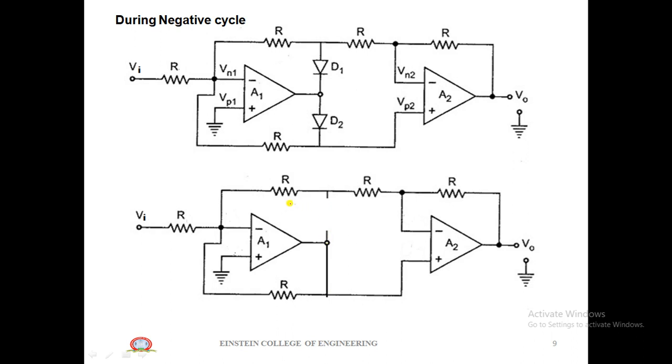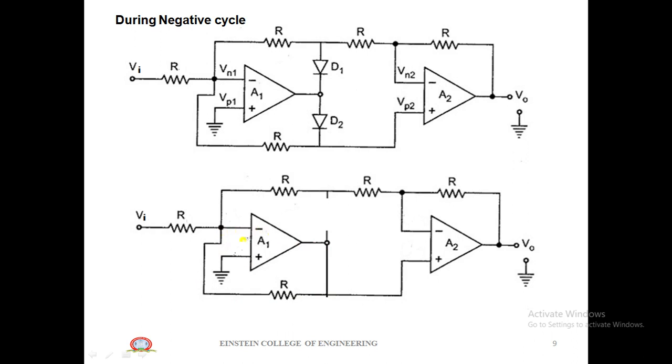In this circuit we can say these two resistances are connected in series. So we can add this resistance, and the output of operational amplifier 1 is fed back to the inverting input terminal.